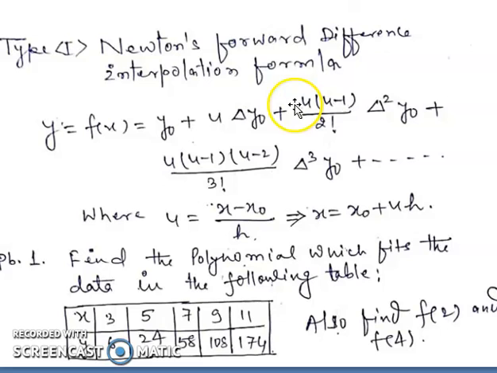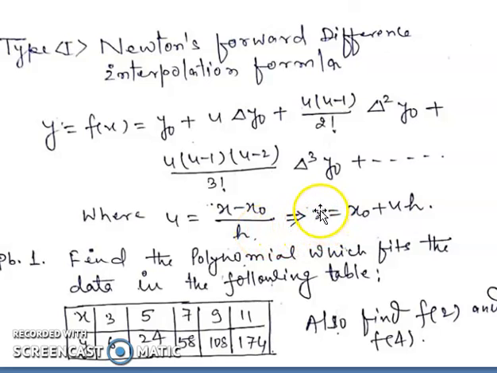So what is the value of u? u is equal to (x minus x0) divided by h. We can write x equal to x0 plus uh by cross multiplication.